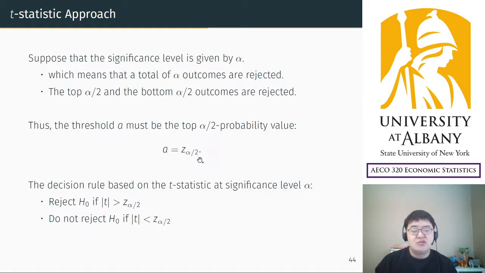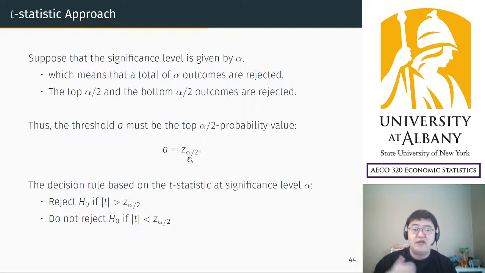This means the probability alpha over 2 is above this value. We studied how to calculate this in chapter 6, so if you don't remember what we did there, please review the videos. And as you see from chapter 8, z alpha over 2 is fixed by alpha.